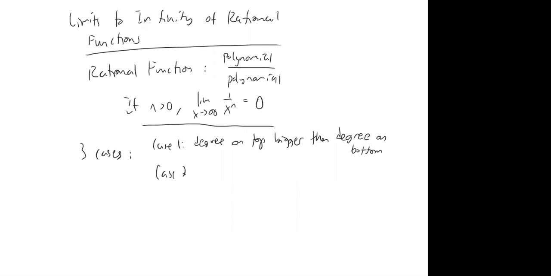Case 2, degree on bottom bigger than degree on top. By degree, I mean the degree of the polynomial, right? And then case 3, degrees are equal, right?